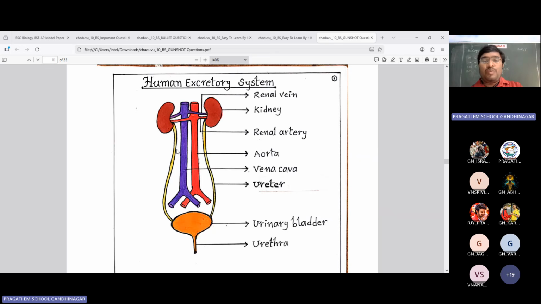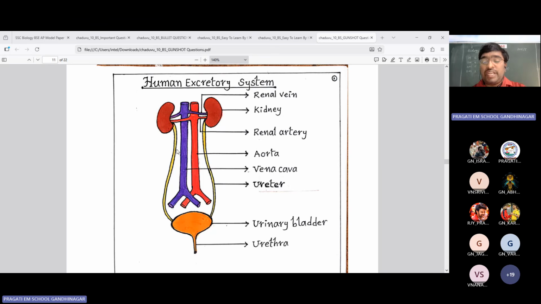If it is a renal vein or a renal artery, try to mention it clearly. Then the ureter, urinary bladder, and urethra. There is a difference between ureter and urethra, children. The ureter passes urine from the kidney to the urinary bladder.